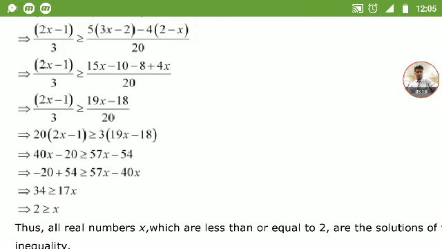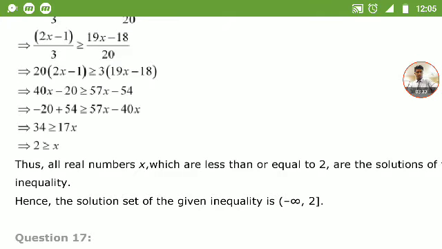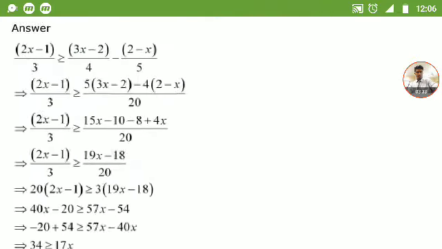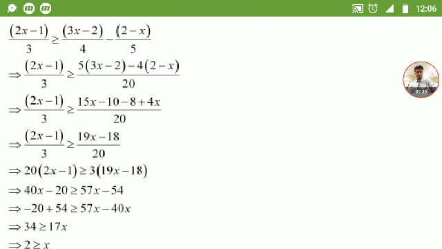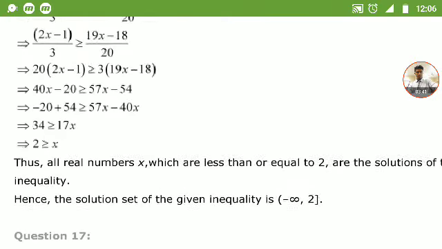Solving, you get 2 is greater than or equal to x, or x is less than or equal to 2, giving you the answer minus infinity to 2, all real numbers between minus infinity and 2, where 2 will be included because it's greater than or equal to. Clear? Please pause the video to note it down, or you can do it on your own. That was it for this video.